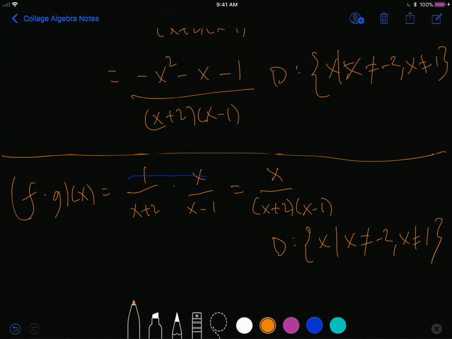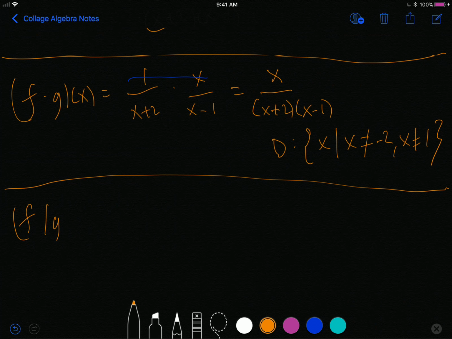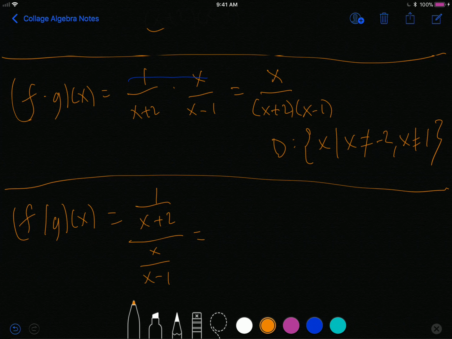The last one, the division: f divided by g of x is simply f divided by g. And of course, remember to keep it, change it, flip it.